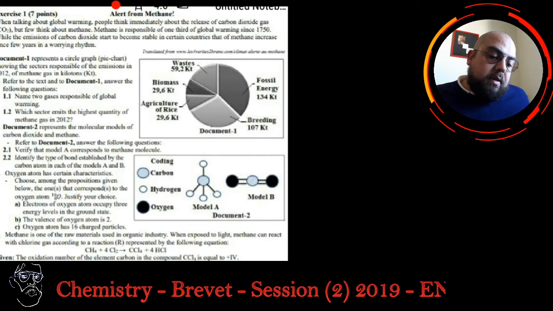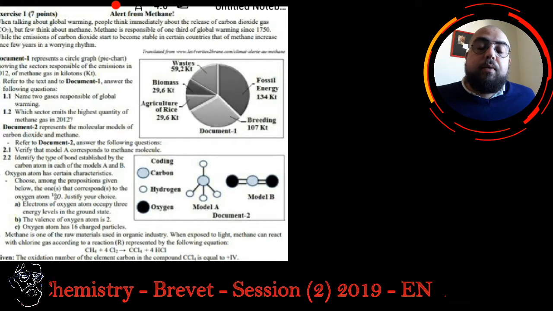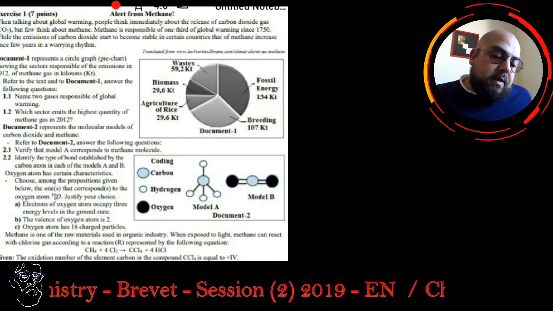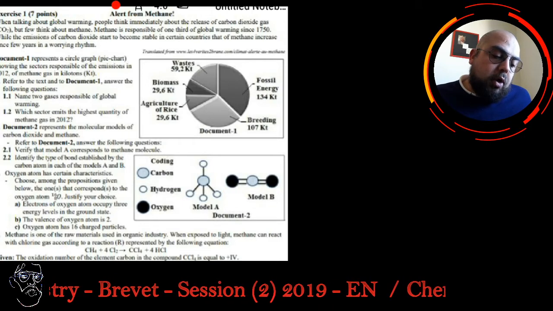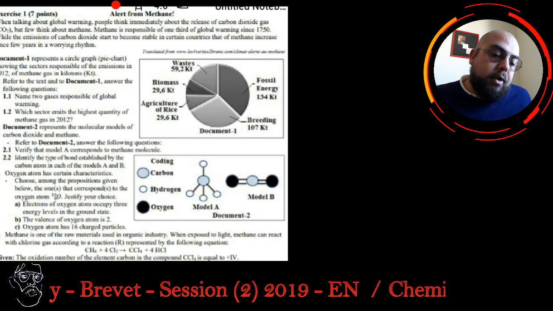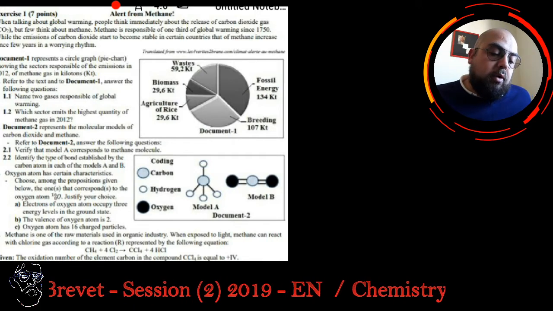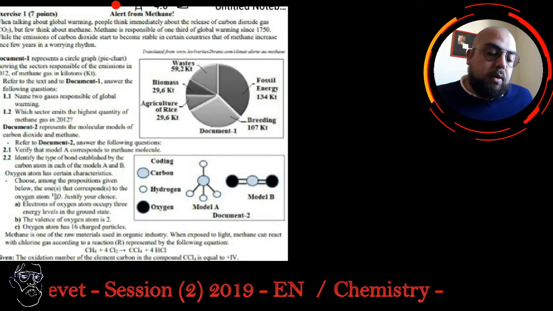This is simply a small text taken from an article. Document 1 represents a circle graph, a pie chart, showing the sectors responsible for the emission of methane gas in 2012, in kilotons. So KT represents the unit kilotons.